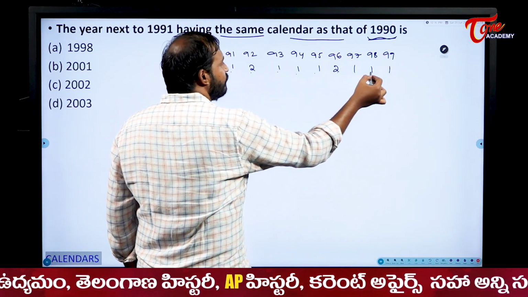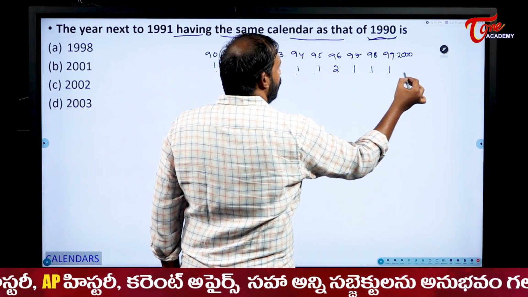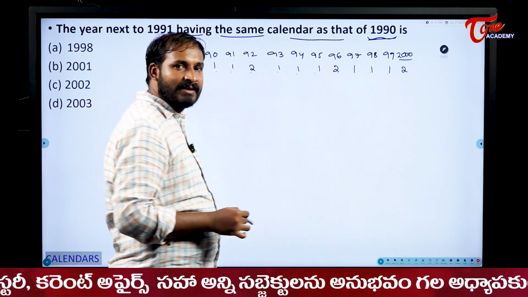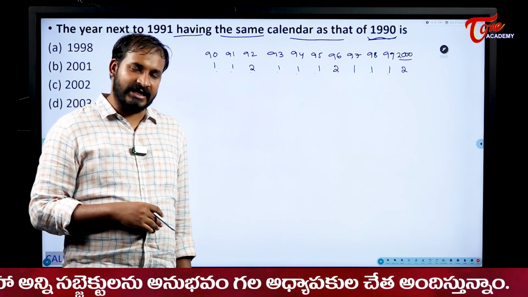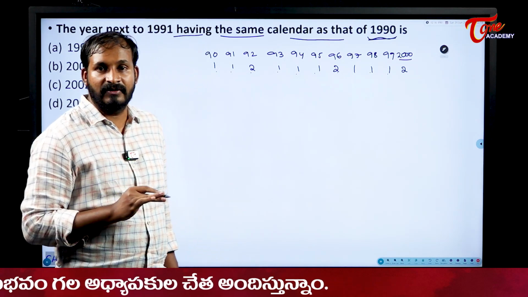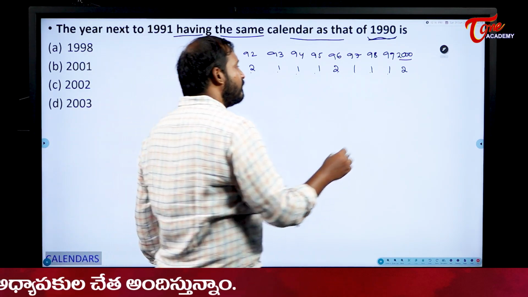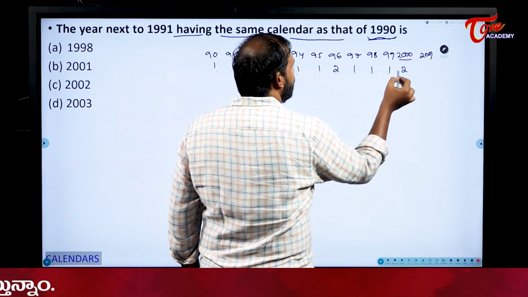So 2, 3, 4, 5. In 2000, we have 2 odd days. Here you can directly add plus 11. In this century, you can add plus 11 directly, not an issue. Why? Because 2000 is a century leap year. It will not disturb our logic. But for your awareness, I am using this one. So 2, 3, 4, 5, 6, 7.